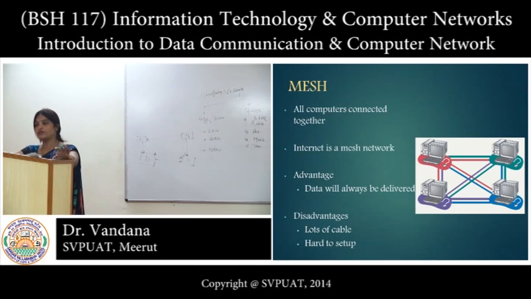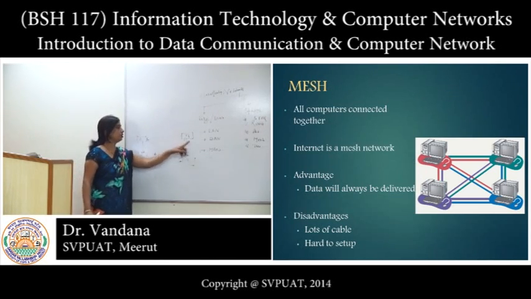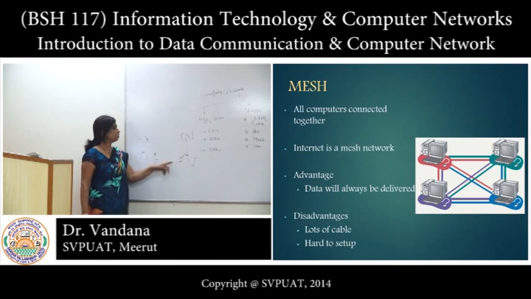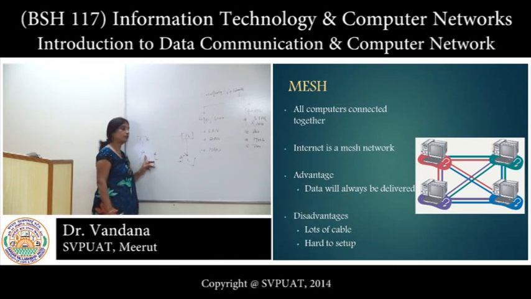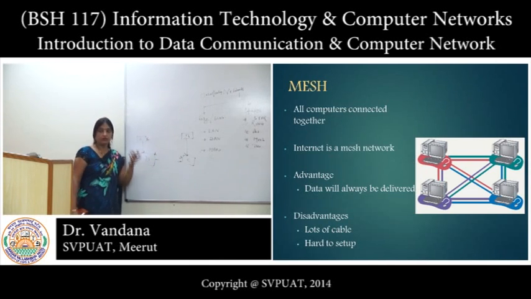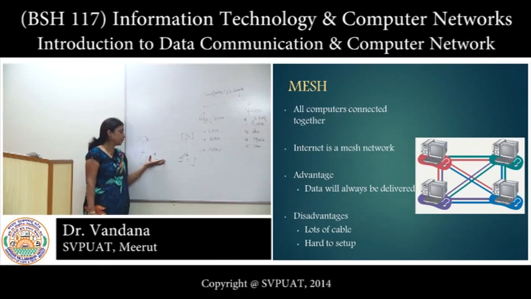The basic drawback of this type of interconnection is that the number of connections is more, so the amount of cable needed is also more. Number two, it is very difficult to establish. Number three, if there is any problem in the network, then maintenance is also a challenging task. It is not impossible, but obviously the complexity of this type of network is more.